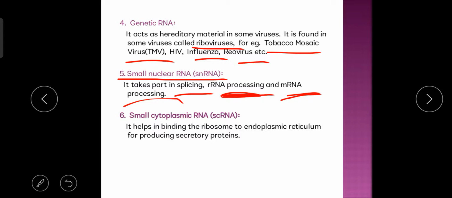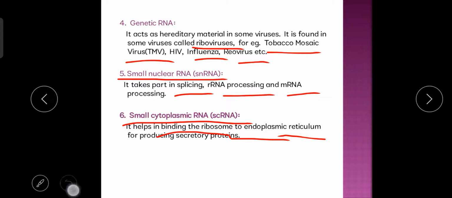Then what is the function of the last one, the small cytoplasmic RNA, which is found in the cytoplasm? They help in binding the ribosome to the endoplasmic reticulum.